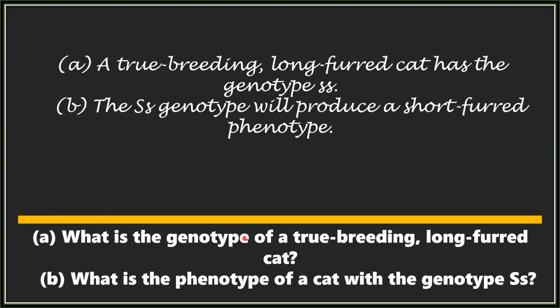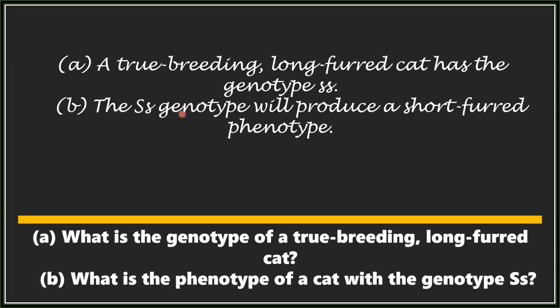A. What is the genotype of the true breeding long-furred cat? The true breeding long-furred cat has the genotype small s, small s. What is the phenotype of the cat with the genotype capital S, small s?